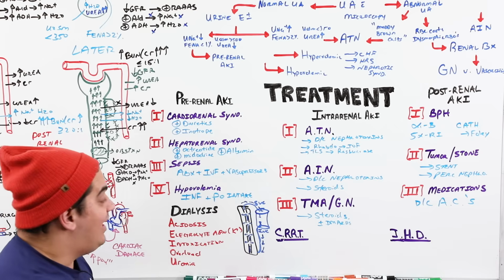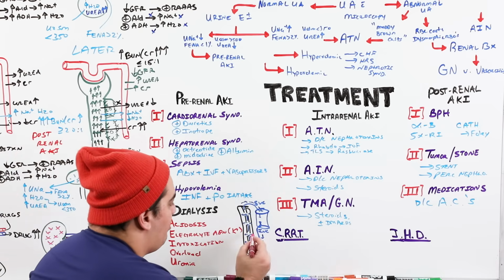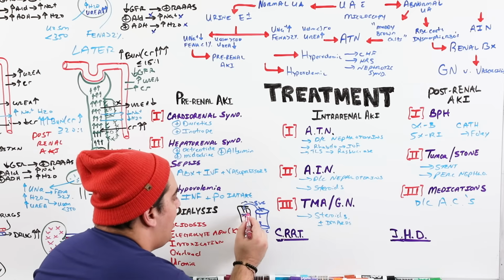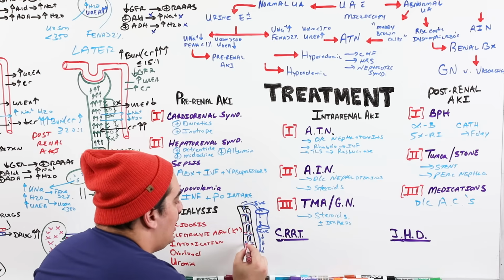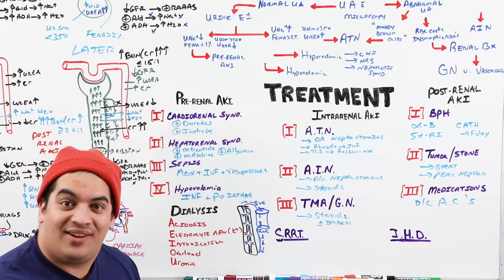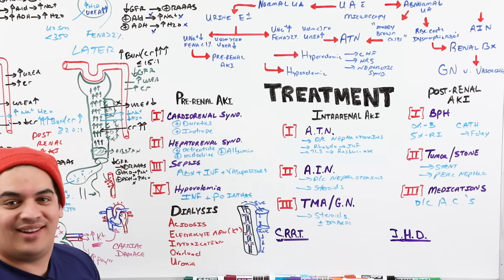And then this colander is so cool that it also has the ability to put some fluid back in, put some solutes back in, some albumin back in, and help to make sure that the blood is the way it should be, nice and clean. And then it sends it back to the superior vena cava.